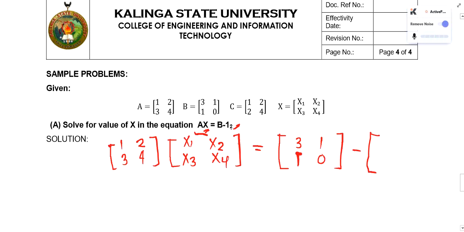And then yung 2 will represent the dimension of our matrix. 1, 0, 0, 1, yan yung nagiging I2 natin. So, expand natin ito to solve for the value of X.